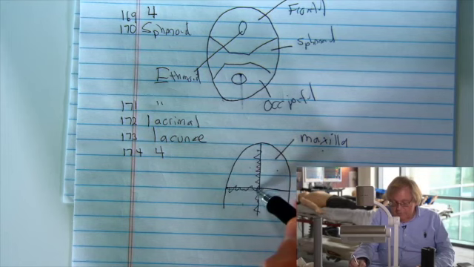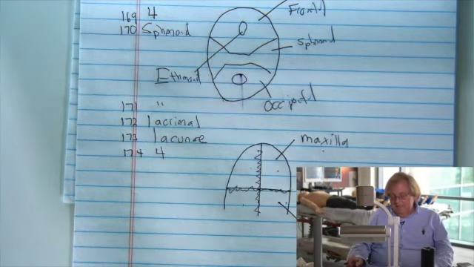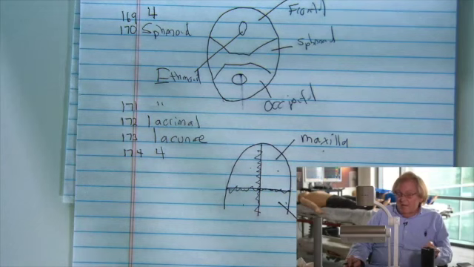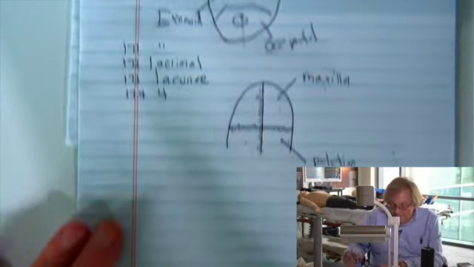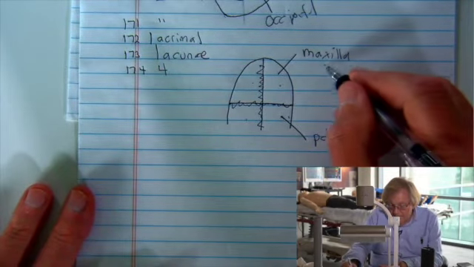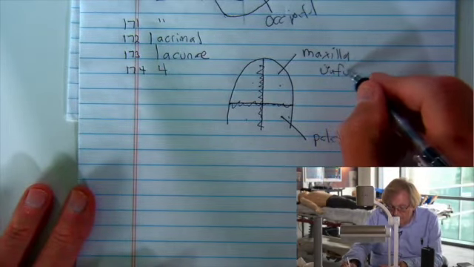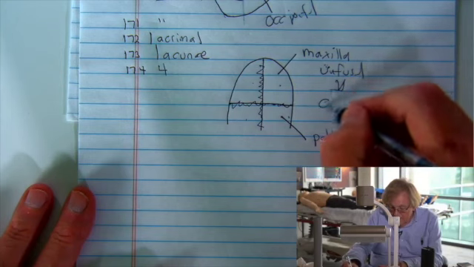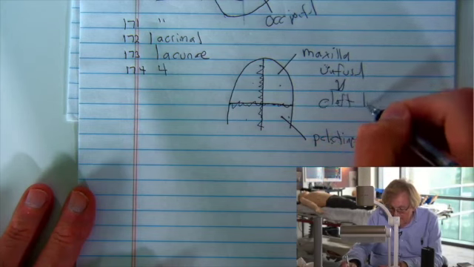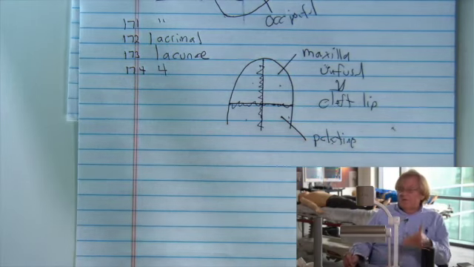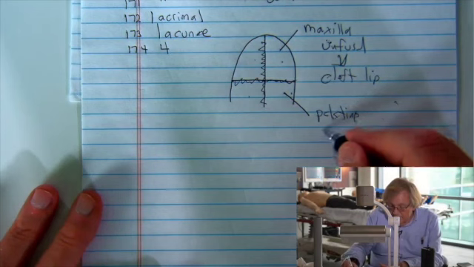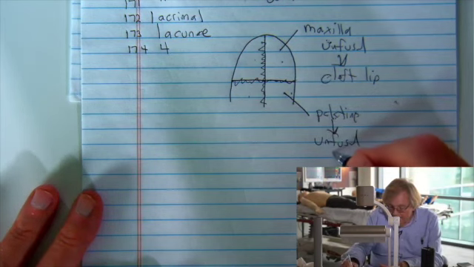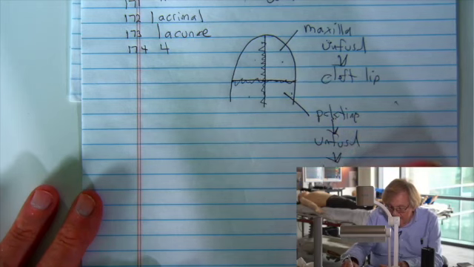They're immovable joints. Again, what's the significance? If I had a child where the maxilla did not fuse, I'd have a cleft lip. So unfused maxilla leads to cleft lip. If I had a child that the palatine bones didn't fuse, that's going to be an unfused palate, so a cleft palate.